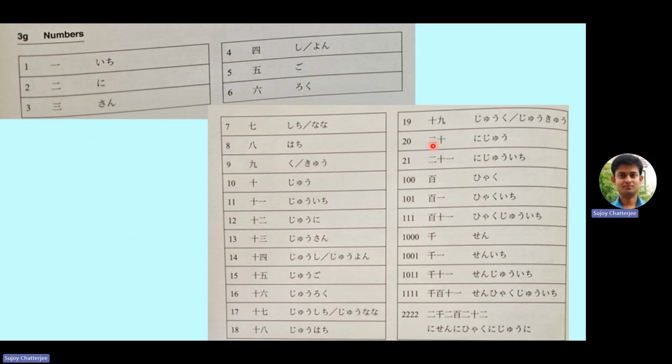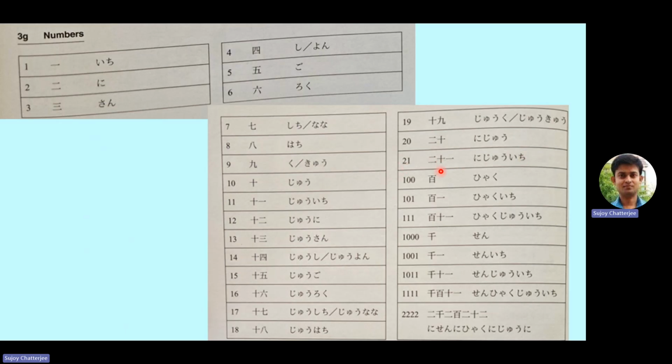So this makes 2 multiplied by 10 as 20, niju. So you have to understand this concept, how the multiplication and the addition are happening while counting the numbers in Japanese. So similarly, 21 will be niju ichi.